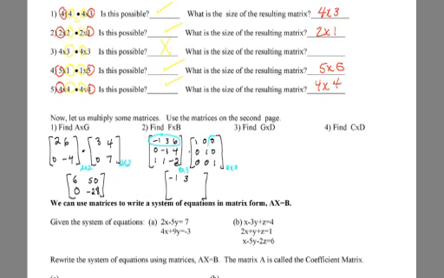Let's do first row times the third column. Negative 1 times 0 is 0, 3 times 0 is 0, 6 times 1 is 6. Notice I get negative 1, 3, 6, which is the first row of matrix F.